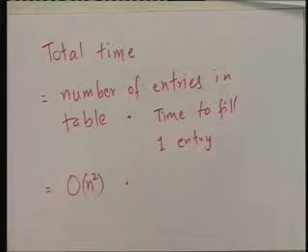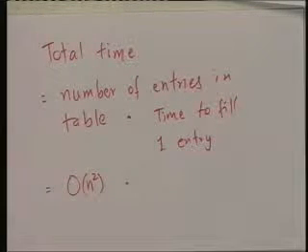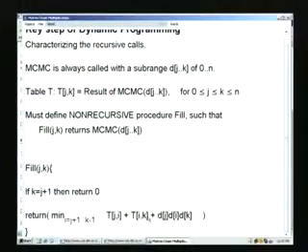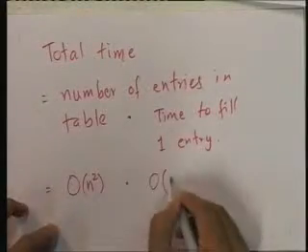Okay. What about the time to fill a single entry? So, if T j i and T i k are already known, then we are going to have to compute this product and we are going to do these additions. Okay. And this has to be done these many times, so for every value between j plus 1 and k minus 1. This range can be as large as n, and therefore, the time to fill a single entry is going to be O of n again.